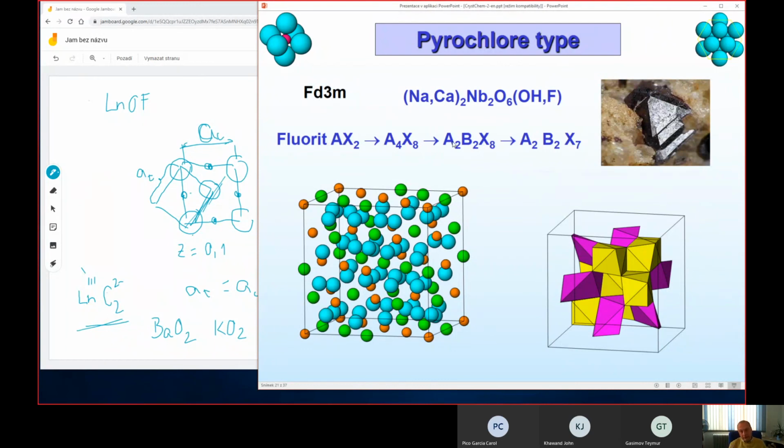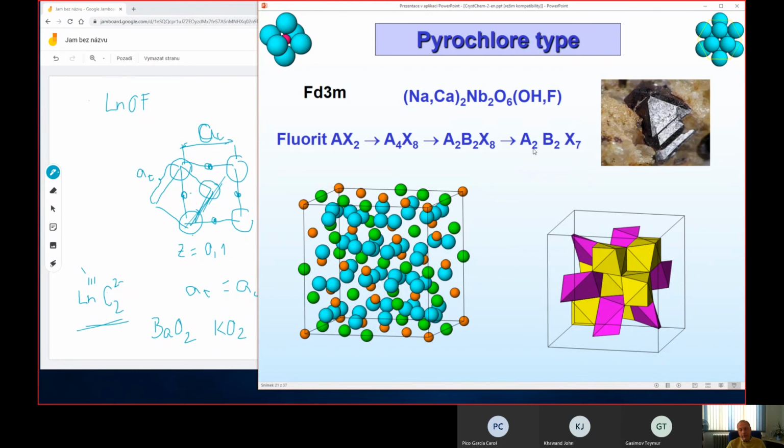And they are ordered, so they are not randomly distributed, even if they occupy the same type of positions, but they are ordered. And then we leave out a single atom, so we create an oxygen or anion vacancy on this sublattice. So we don't have 8, but only 7 atoms.